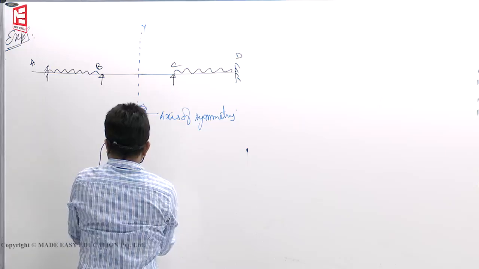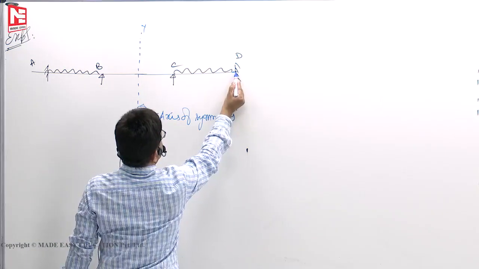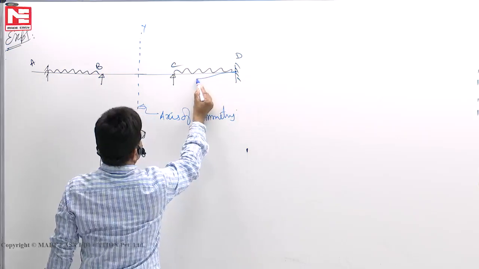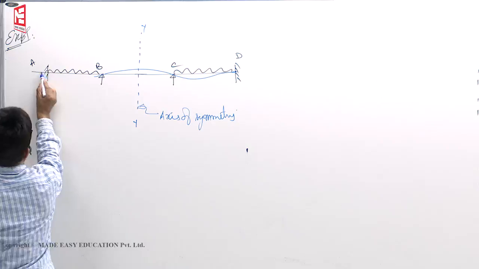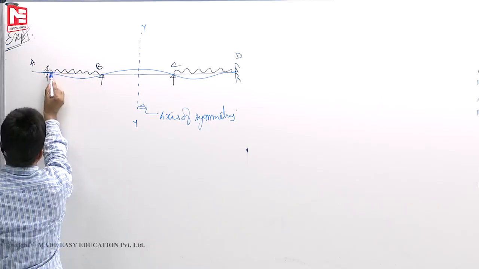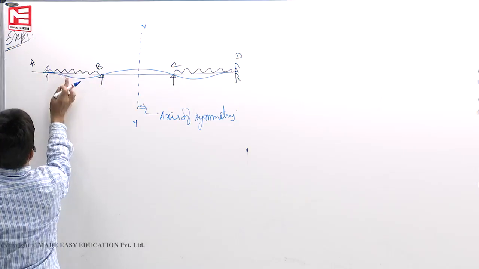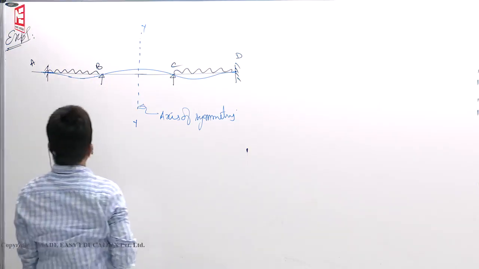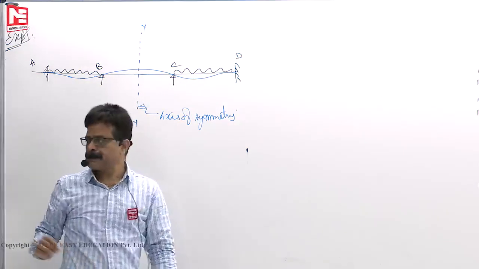Now if we see the deflection profile, slope is 0, goes up, it bulges out. This is the profile, here slope is 0, because of the fixed support. So, this is the deflection profile.